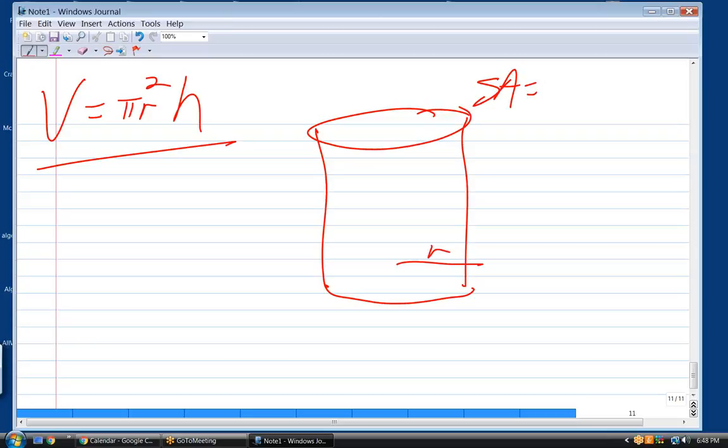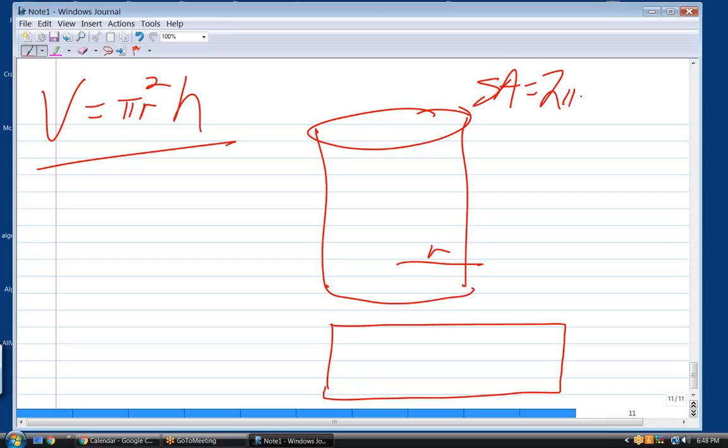When you think of the surface area of a can of soup, if you take the label off the can of soup, you have a rectangle, right? That's what you end up with if you remove the label from this can that I'm building here. In other words, I'm trying to find the outside surface area of the can. Well, it's the bottom plus the top.